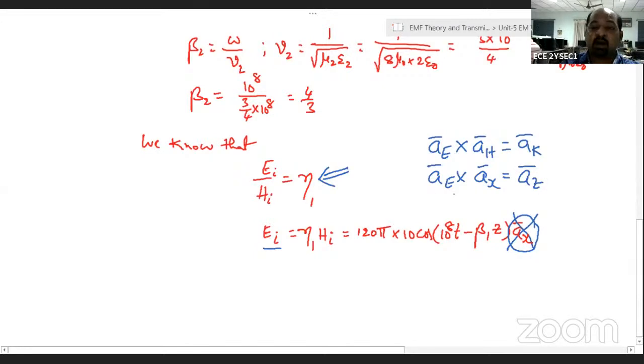So aE bar cross aX bar is equal to aZ bar. Therefore aE bar is equal to minus aY bar. Only then will this expression be satisfied. So to satisfy this equation, aE bar should be minus aY bar.